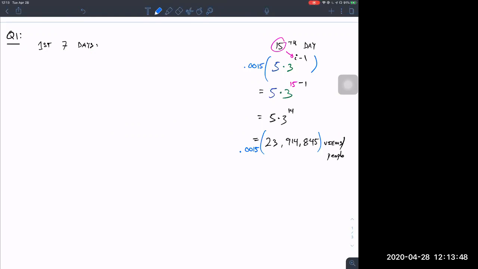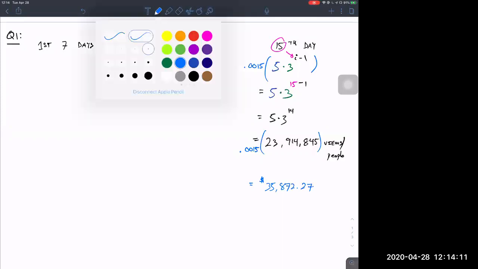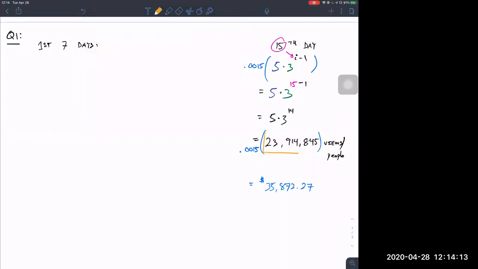But again, it's not a formal equation, it's just an algebraic expression where you have numbers and you just plug it in. This rounds to 35,872.27. So both of these are the answer. There's this piece that you have to worry about, and then there's this piece right there.